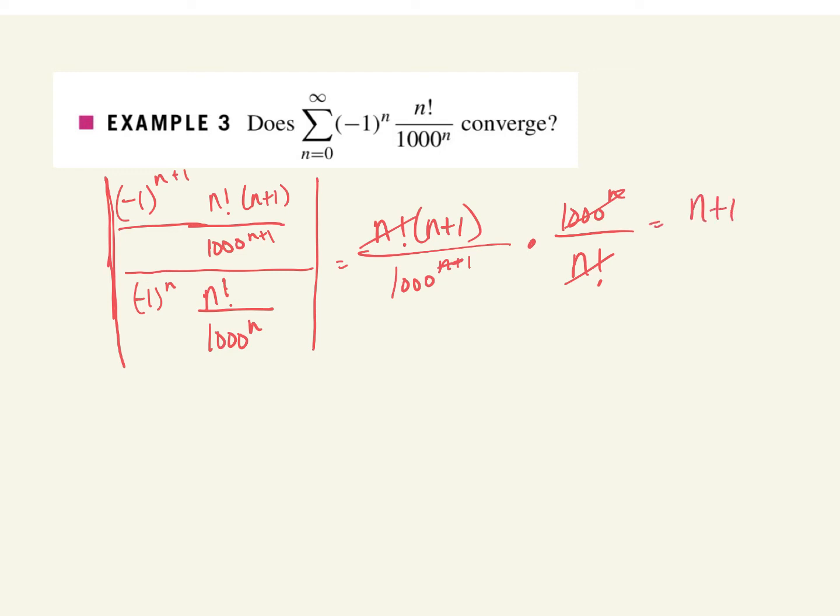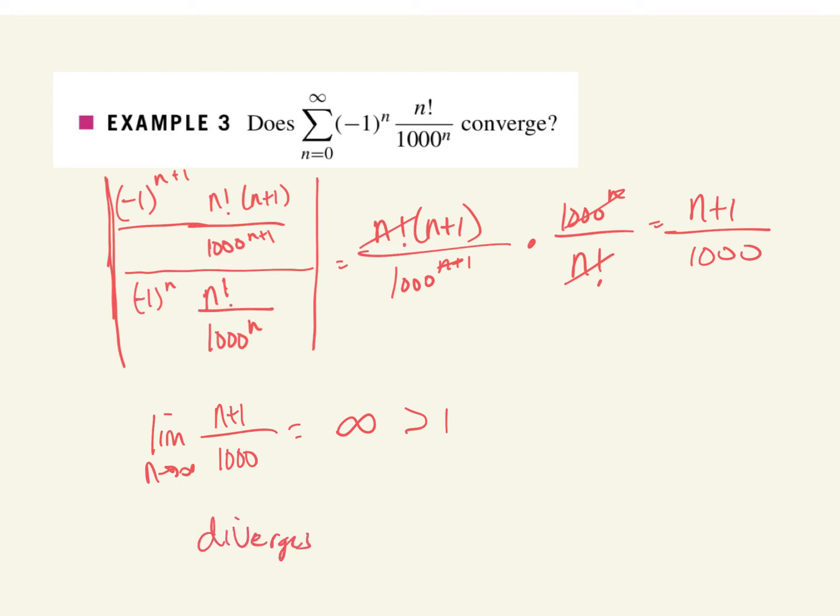So I have (n plus 1) divided by 1,000. When I take the limit of this as n goes to infinity, it goes off to infinity. My numerator degree is larger. Therefore, which is greater than 1, that's the only interpretation we need, therefore it diverges by the ratio test.